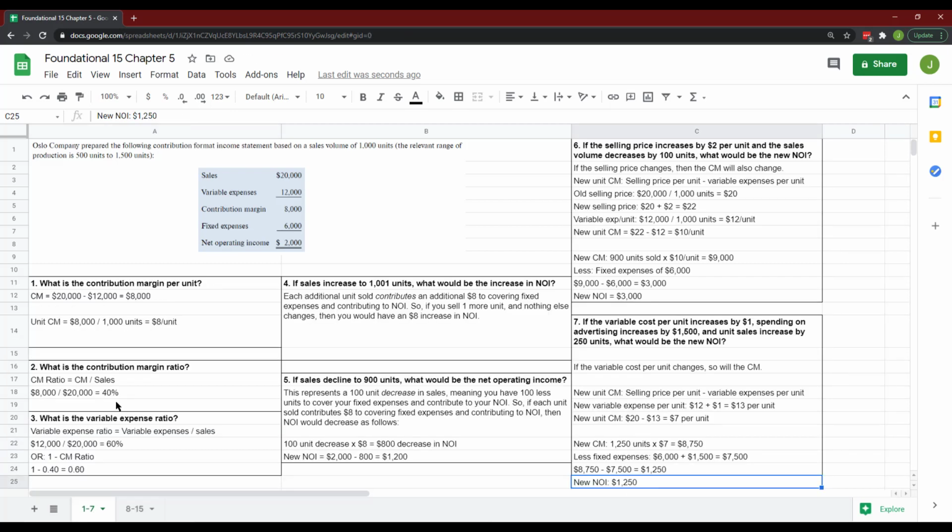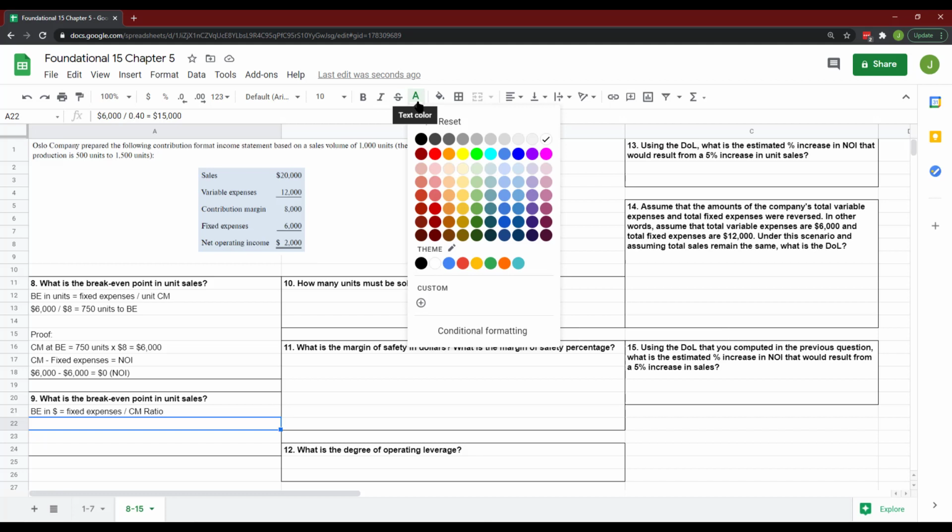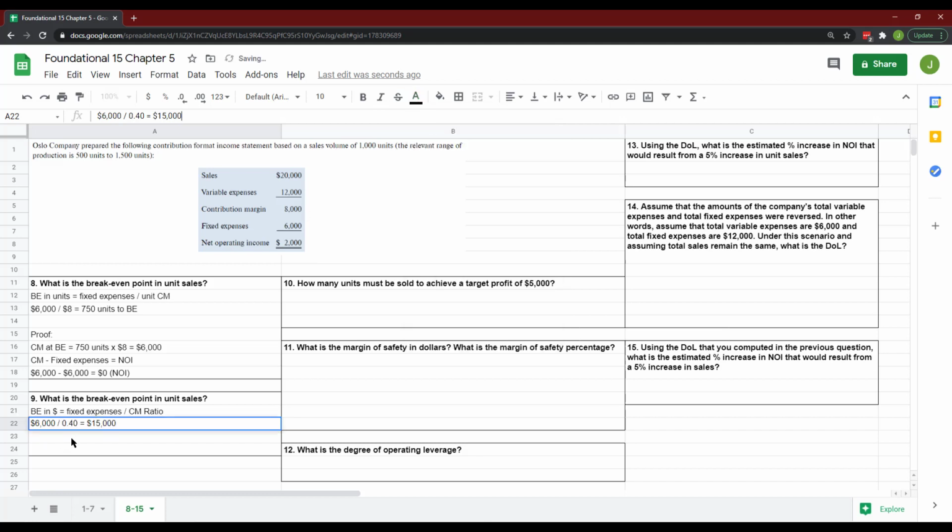If we go back here, in number 2, we found it to be 40%. So we're going to take the fixed expenses of $6,000 divided by 40% to give us $15,000 in break even. So instead of saying we need to sell 750 units, this is another way of saying, okay, we need to sell $15,000 worth of product in order to break even.